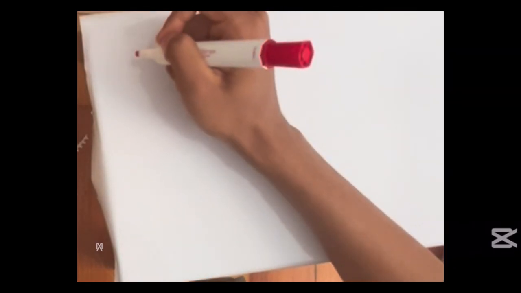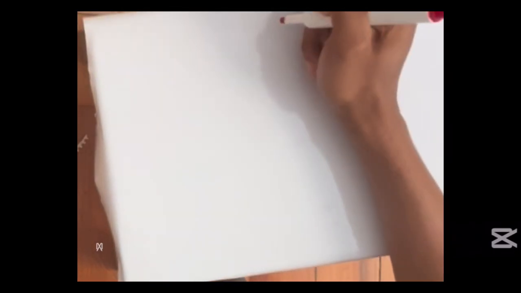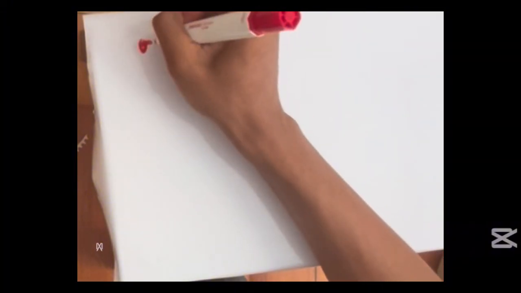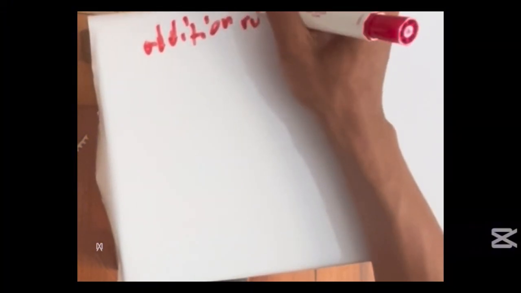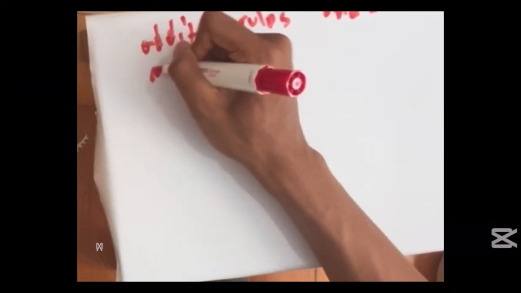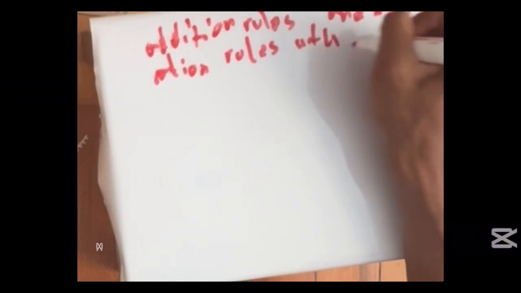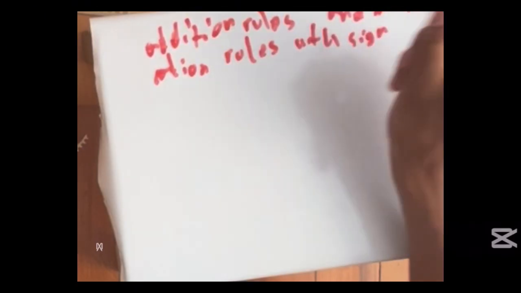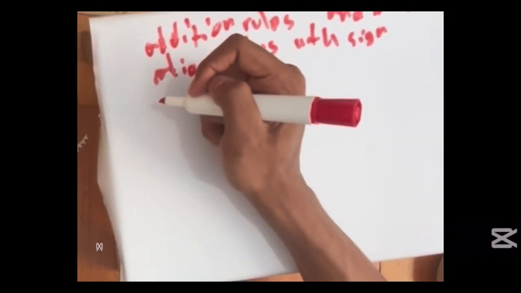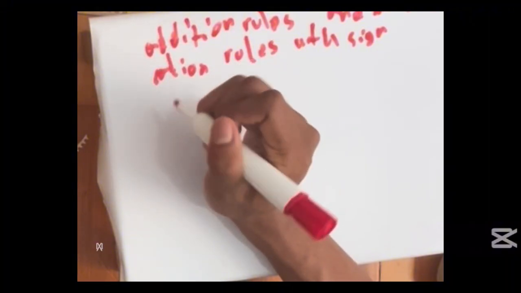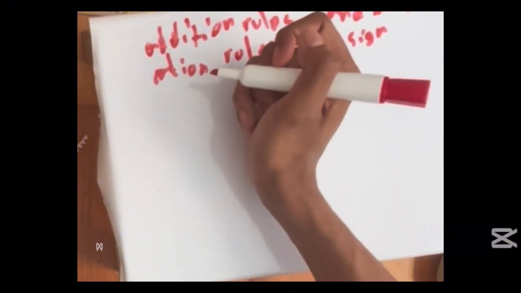So now let's do some practice together. Let's do some practice problems. So we're gonna combine the two topics, which are the addition rules and multiplication rules with signs. So let me just write some practice problems, and we're gonna do them together.